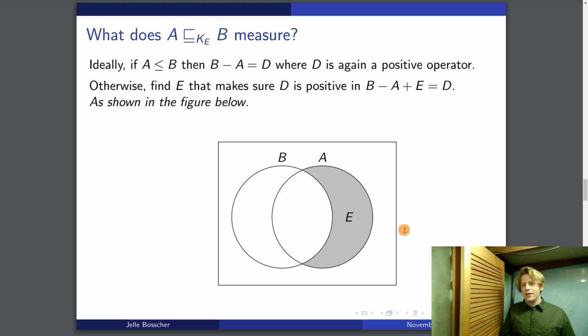Otherwise, if B minus A is not a positive operator, which means that A is not smaller or equal to B, then we try to find this error matrix E and determine its size. As you can see in the diagram, if A is not fully contained in B, then we need this E to make B minus A plus the error matrix again a positive operator. We measure the size of this error matrix in order to determine to what extent a positive operator is a hyponym of another positive operator.